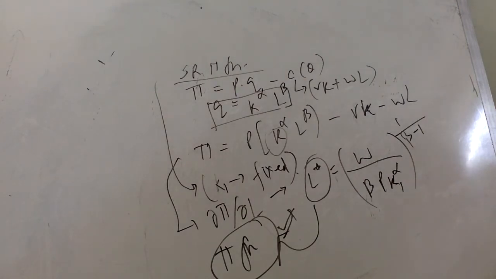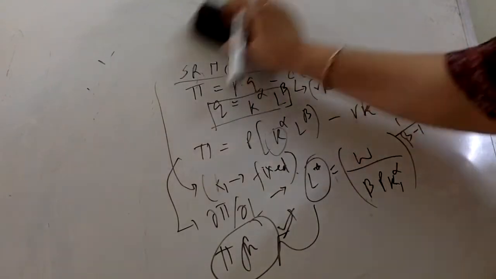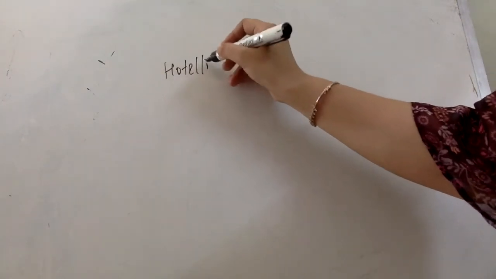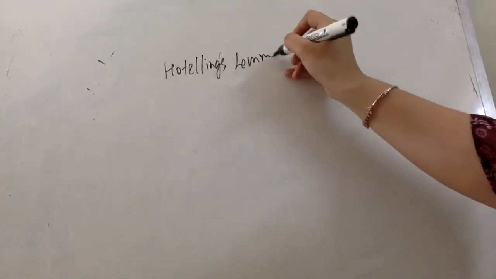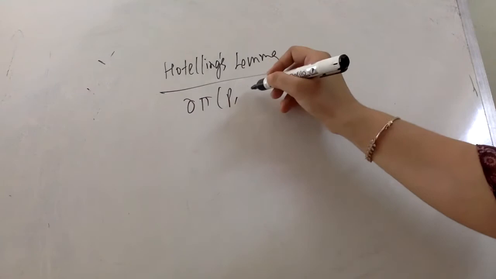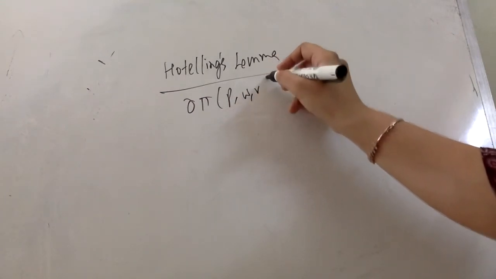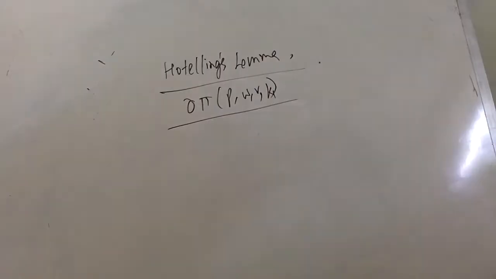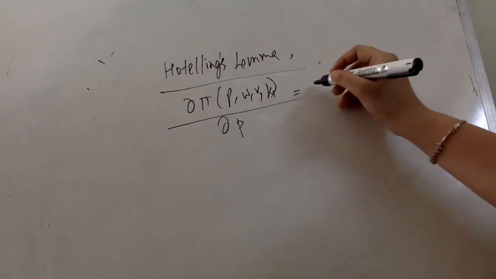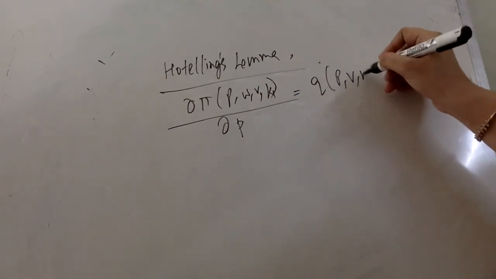Okay, now I'll explain what Hotelling's lemma is. This is simply the derivative of profit with respect to the price, which is one of the envelope results. So Hotelling's lemma is: if I differentiate profit, even with K1 as a constant capital, with respect to P, I get the optimum Q, which is a function of P, V, W, K1.